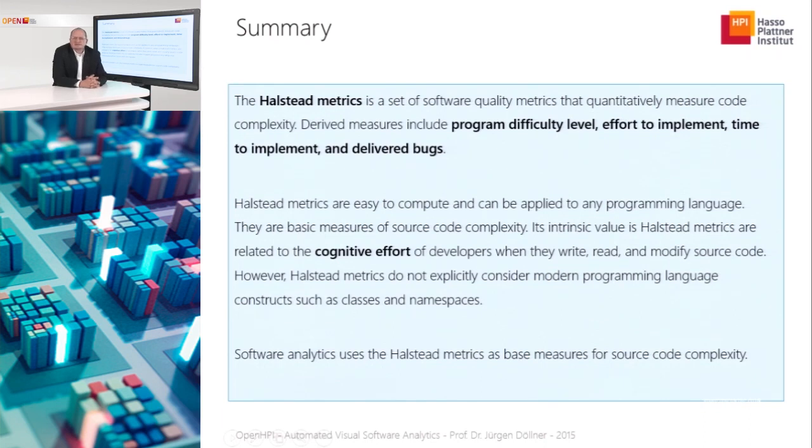In software analytics, the Halstead metrics is a base measure for source code complexity and a very stable and reliable measure that is used as a weight for other metrics.